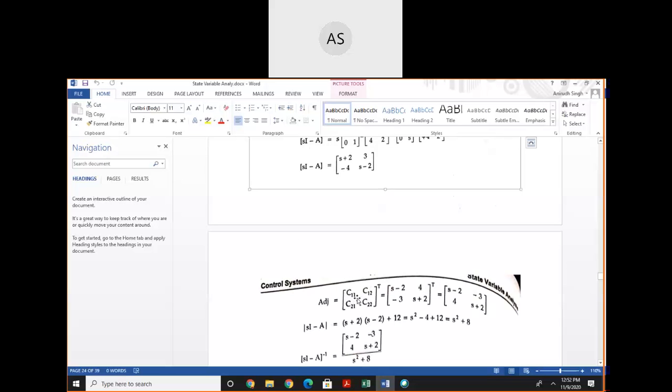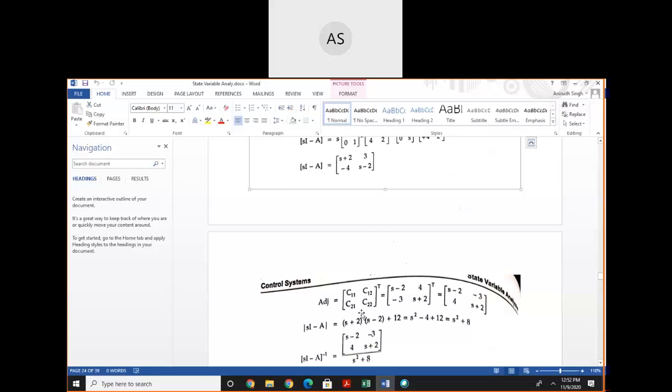Then the adjoint of this matrix is calculated simply by calculating the cofactors C11, C12, C21 and C22, and taking the transpose of this matrix. The first cofactor C11 is S minus 2. C12 means first row, second column, so minus 4, since 1 plus 2 is 3 and the sign is negative, so it is minus 4.